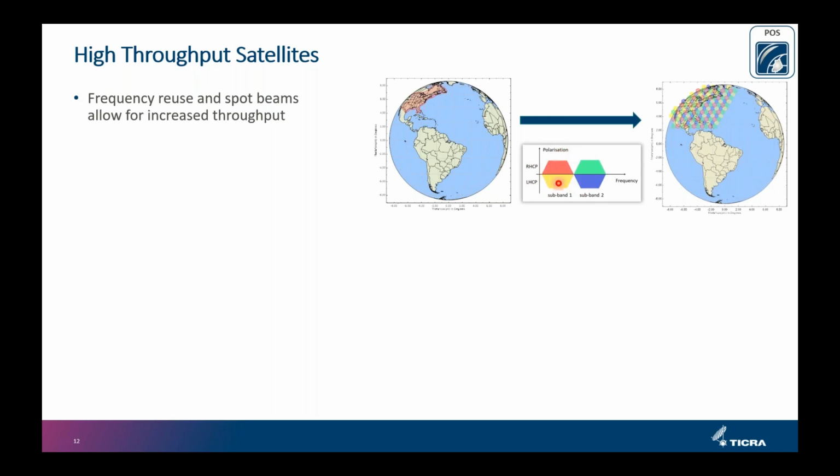This gives us a total of 4 combinations of frequencies and polarization. And you can then lay out small beams across your coverage area instead of one big beam. And this means that you can get a much higher throughput through your satellite than just having a single beam.